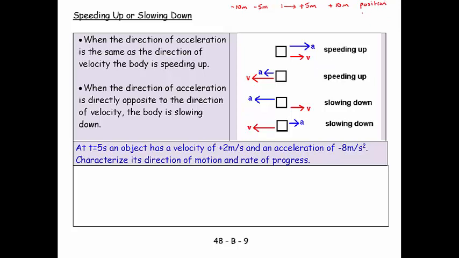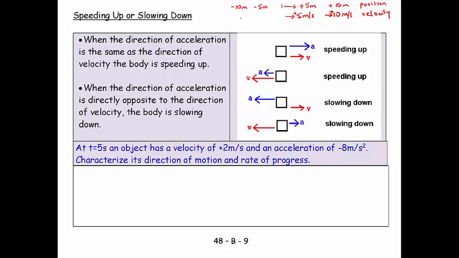If I look at velocity, then I can say that a positive velocity, 5 meters per second, positive, or 10 meters per second, positive, that means I'm traveling in a positive direction.